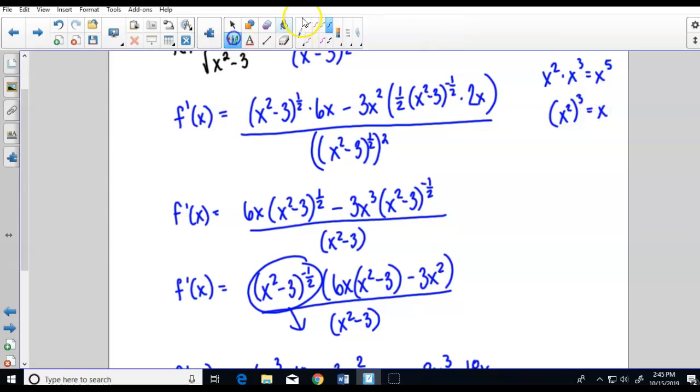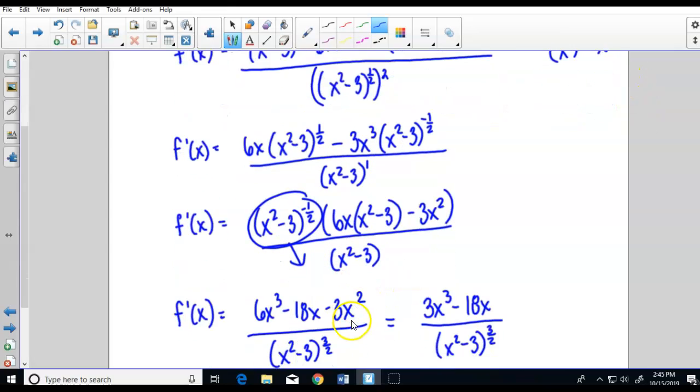So right here, you've got a power raised to a power, so you're going to multiply the 1/2 in, which is where you get, I didn't write it, but you got a 1 there. And whenever you move this back down to the bottom, what you've got is x squared minus 3 to the 1/2 times x squared minus 3 to the first power. And so that's where you add your exponents.